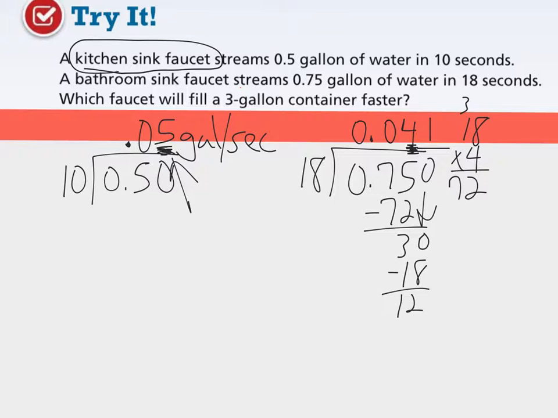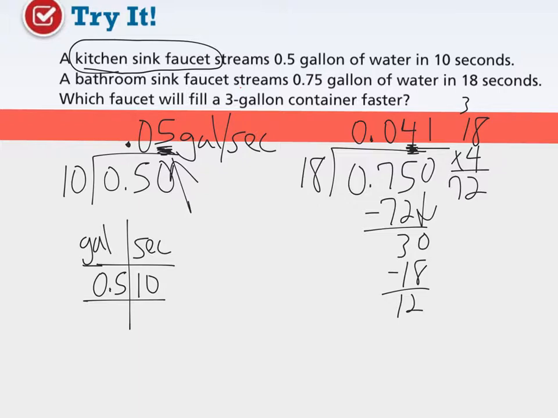Okay. Another way we could do this, if you wanted to, we could actually look at that 3-gallon container. So we know 5/10 took 10 seconds for the kitchen sink. So what you could do is you could just think about how many 5/10 is like the same as a half gallon.